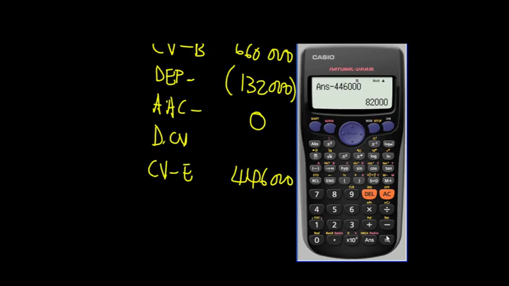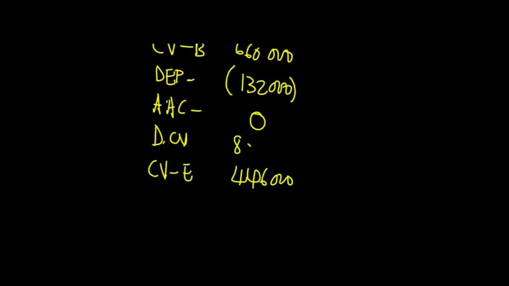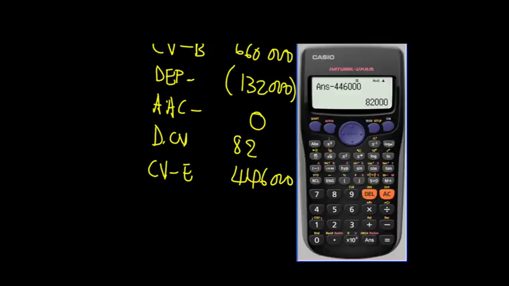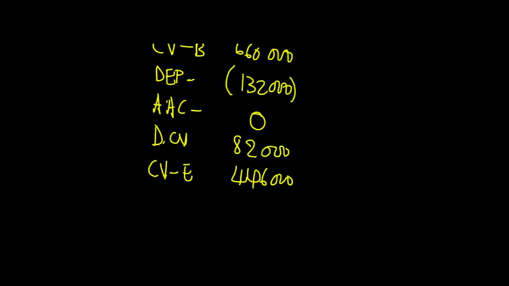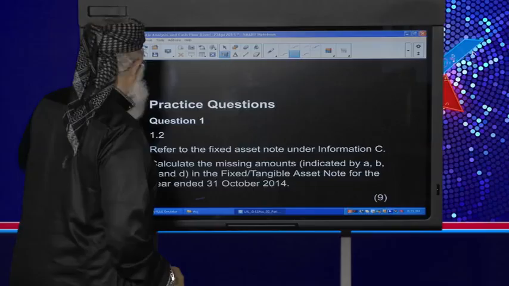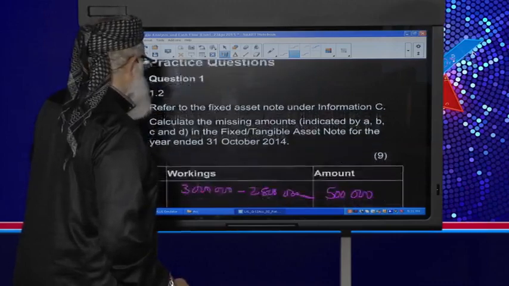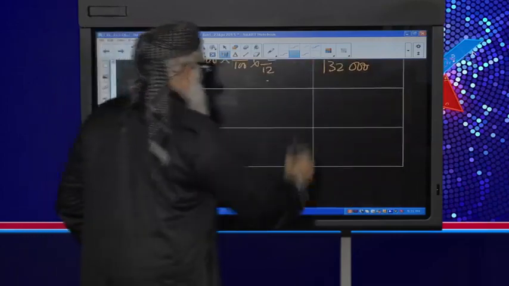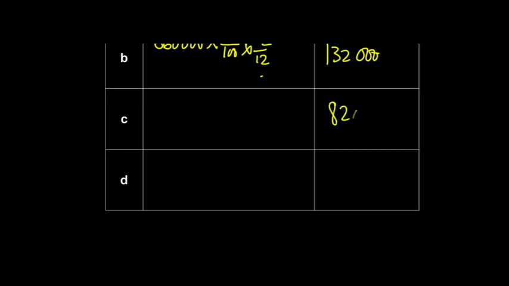That figure represents your disposals. What was that figure once again? 82,000 rand. 82,000 rand was your disposal at carrying value. Look at the layout. Look at how I use my note number 3 on tangible assets to calculate, in this case here, the disposal at carrying value. Okay, the next one that we had to work out. So we've worked out this one for you was 82,000 rand. Let's look at the next one that we have to work out.